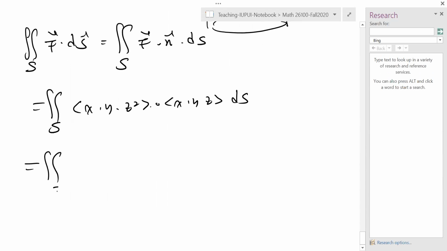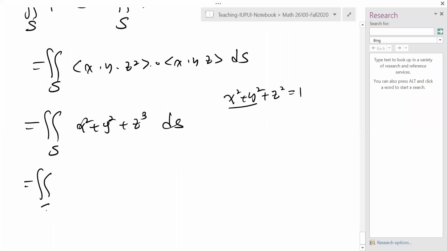So you end up with x squared plus y squared plus z cubed, and dS. On the sphere, you always have this, so x squared plus y squared can be replaced by 1 minus z squared, times z cubed, dS.